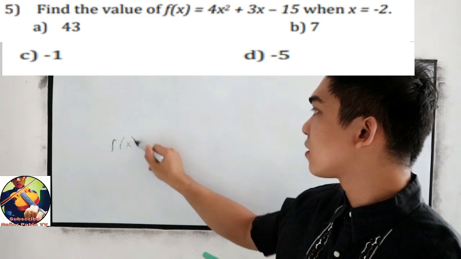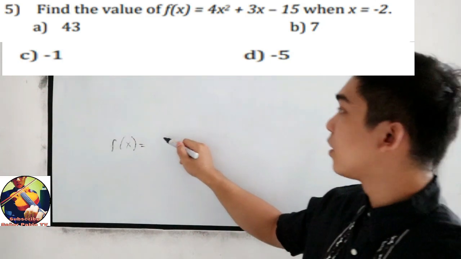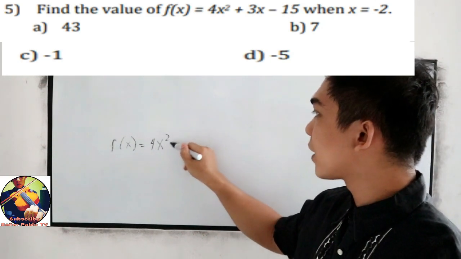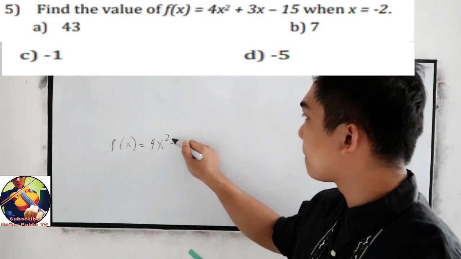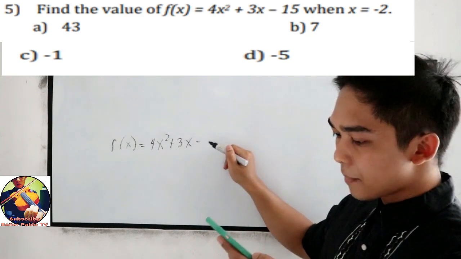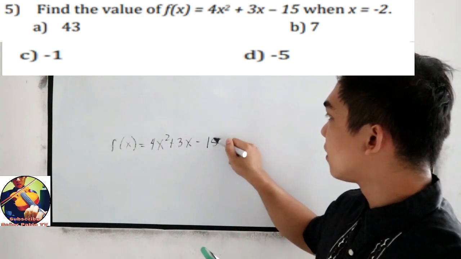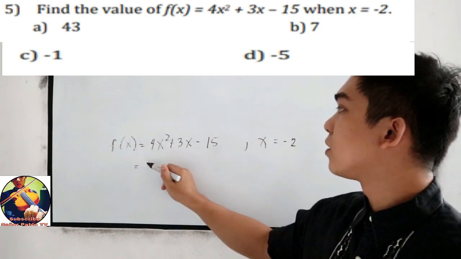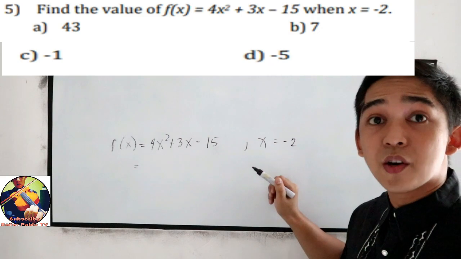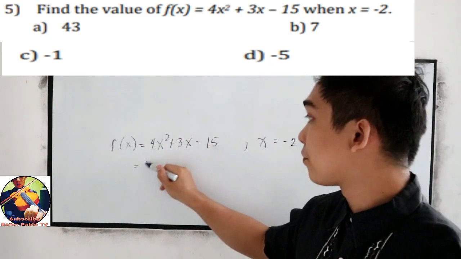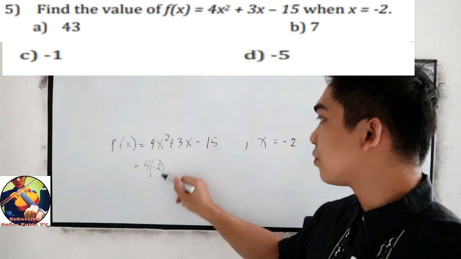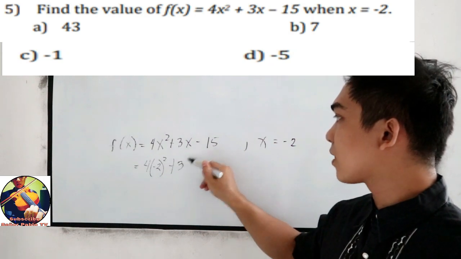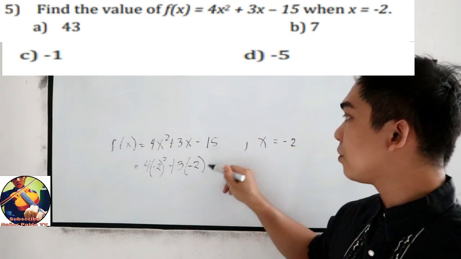F of x is equal to 4x squared plus 3x minus 15 when x is equal to -2. So substitute the value of x. So 4 times -2 squared plus 3 times -2 minus 15.